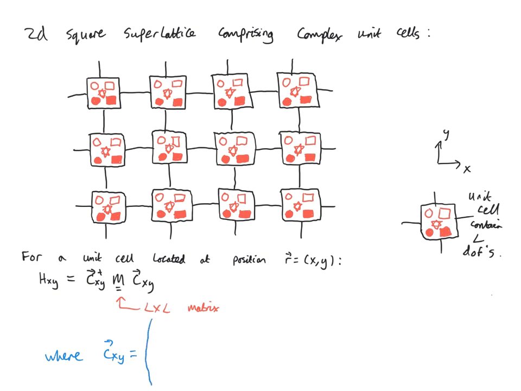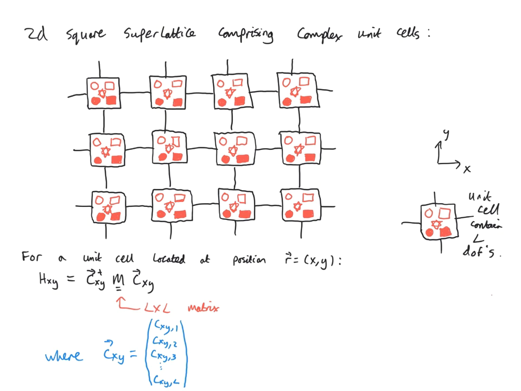That is a vector which tells you about an orbital, let's say number 1, in unit cell xy, orbital number 2 in unit cell xy, orbital 3 in unit cell xy, and so on, all the way down to the Lth orbital in unit cell xy. And that's because my unit cell contains L orbitals, as I said over here. So this is a column matrix of dimension L for L orbitals in the unit cell.